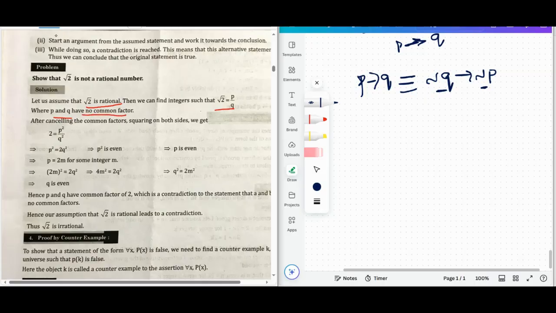Now, squaring both the sides, the root and square will get cancelled. You get 2 is equal to p square divided by q square. Then, sending this q square to the other side, it will become p square. We have root 2 is irrational.